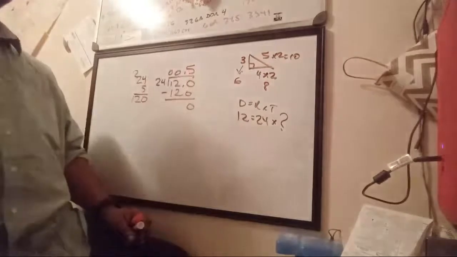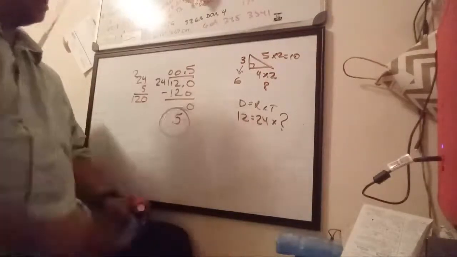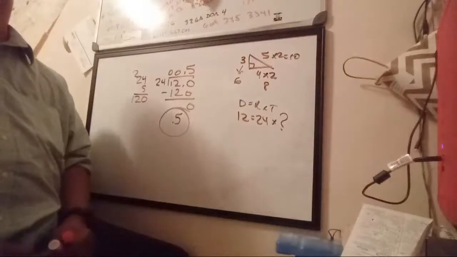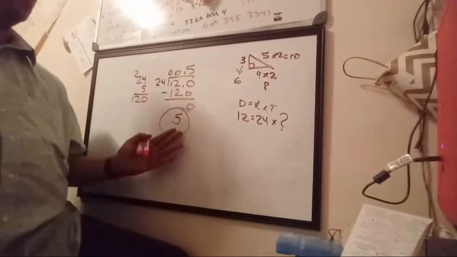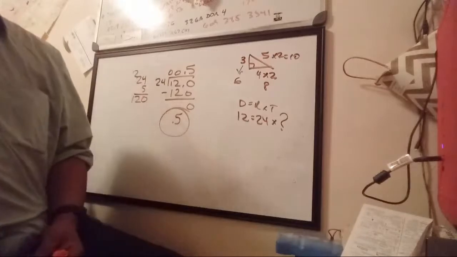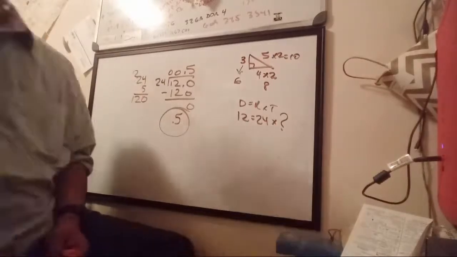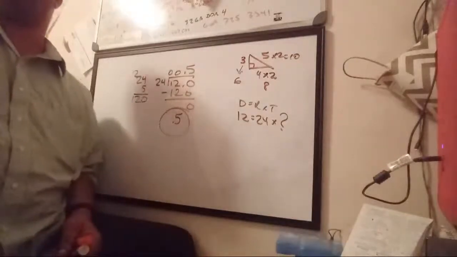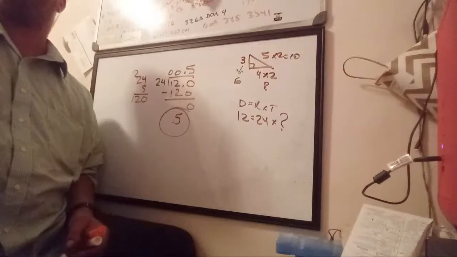Point 5. How many minutes is 0.5, Jasmine? You came up with a time of 0.5, but our answers are 15 minutes, 20 minutes, 25 minutes, 30 minutes, and 35 minutes.